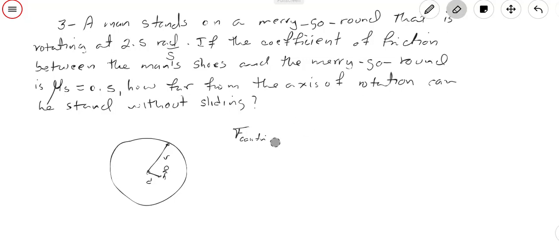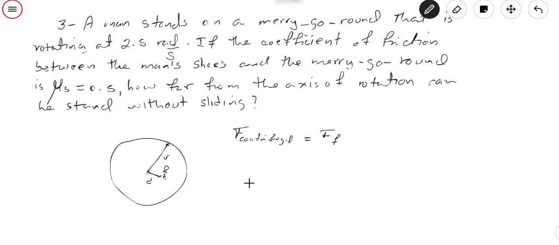So the centrifugal force here should be equal to the force of friction. Only when there is a balance between those forces is the guy not going to slide out of the merry-go-round.